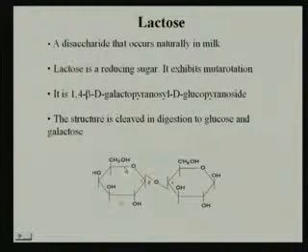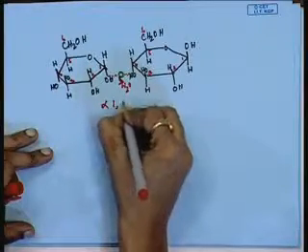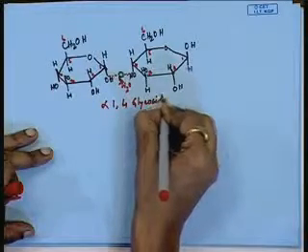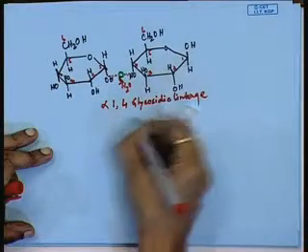So, one galactose and one glucose are joined together with beta 1,4 glycosidic linkage, and here it is alpha 1,4 glycosidic linkage in case of maltose.